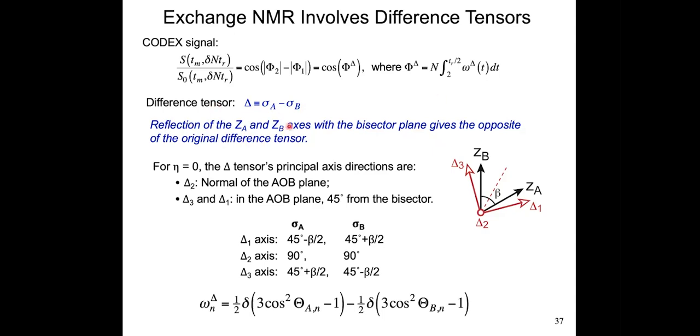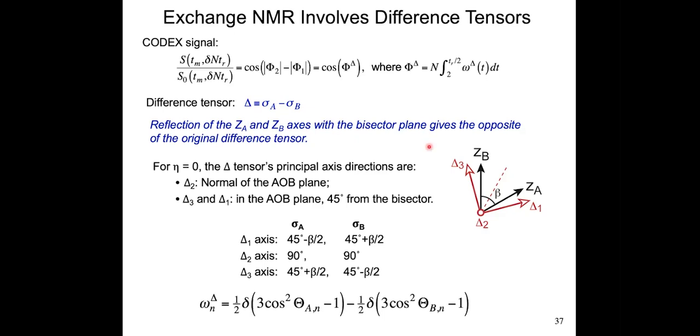That basically is like saying sigma A minus sigma B is the opposite of sigma B minus sigma A. And by that symmetry, I should still be able to figure out the orientations of the three principal values of the difference tensor.